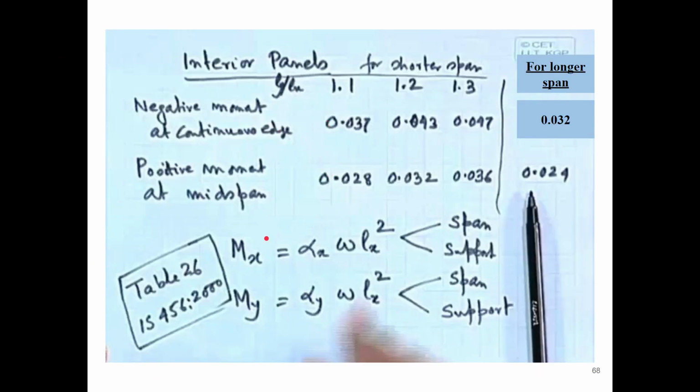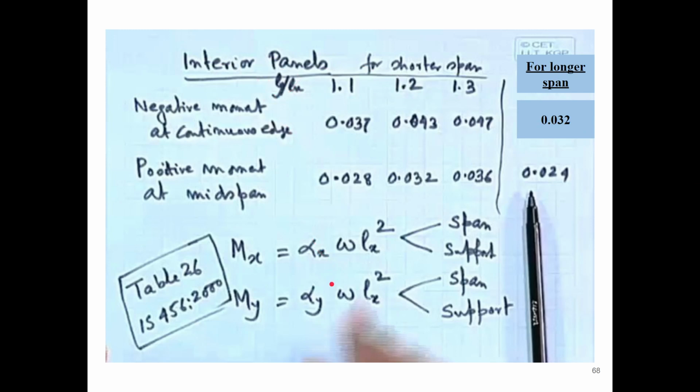So based on this, there are various alpha x and alpha y values. Alpha x and alpha y values are given as per Table 26 of IS 456:2000, for the longer span and for the shorter span, for different Ly by Lx values.